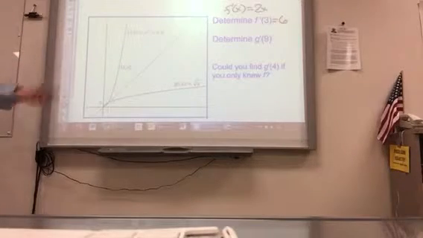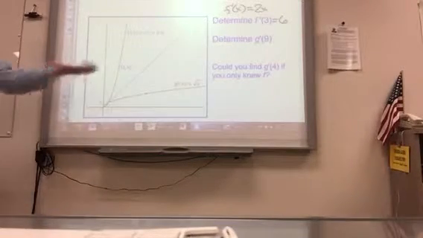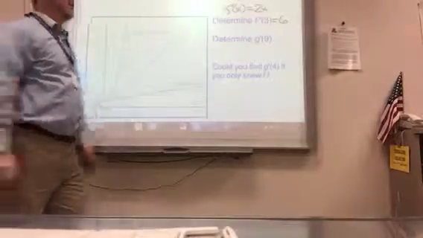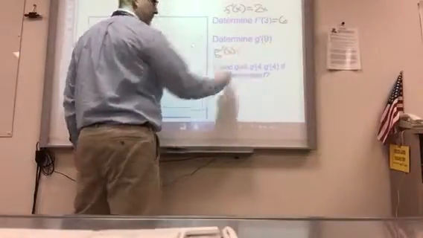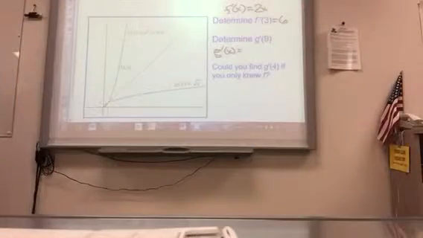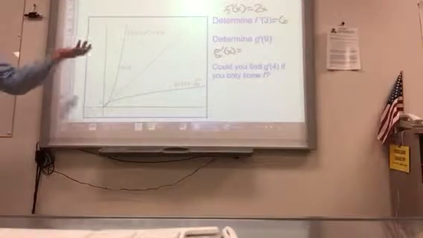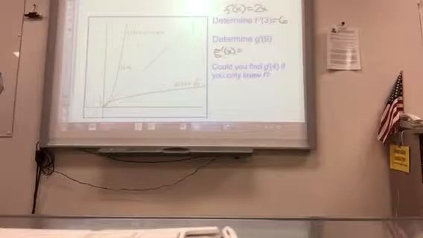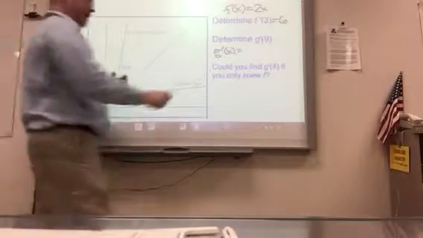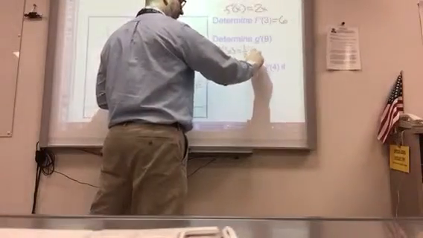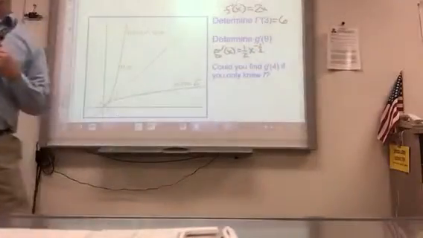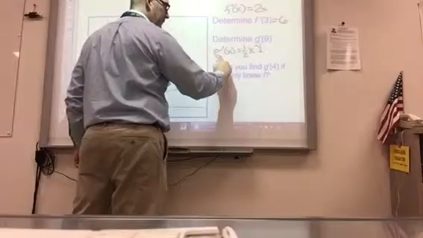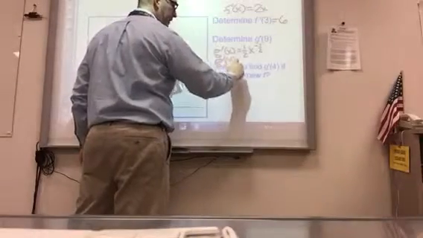g prime of 9 shouldn't be much harder. I mean, it's a little bit tougher function. What's g prime? So you want to think of it as x to the 1/2. Still you use the power rule, bring down the 1/2. Would you agree 1/2 x to the negative 1/2? Yes, right, power rule. So g prime of 9, I can squeeze it in here.